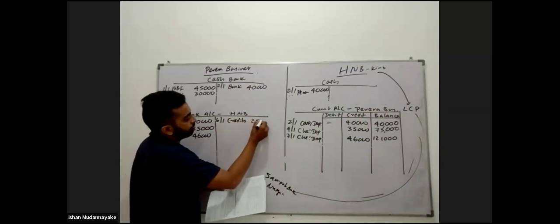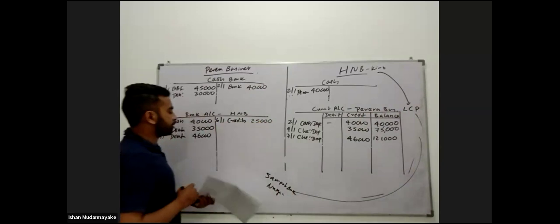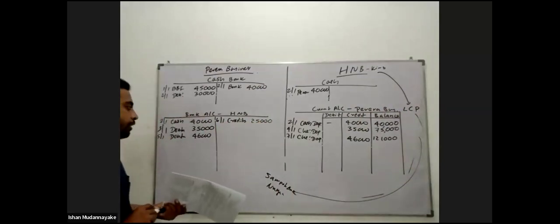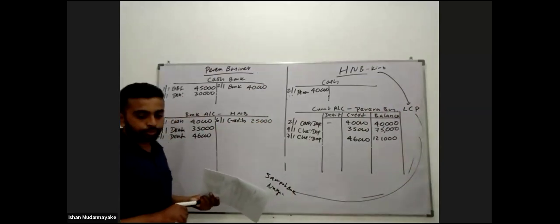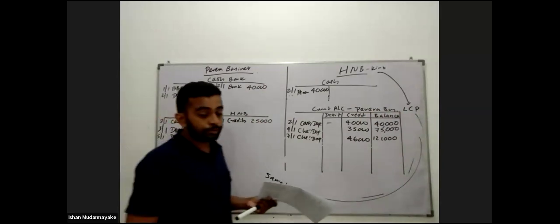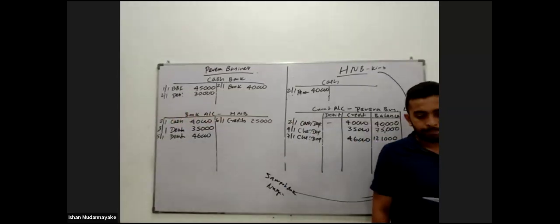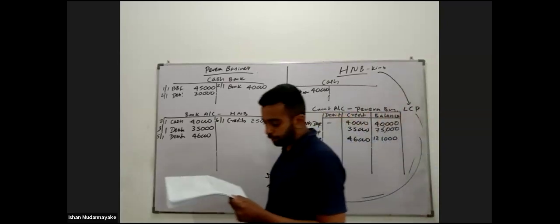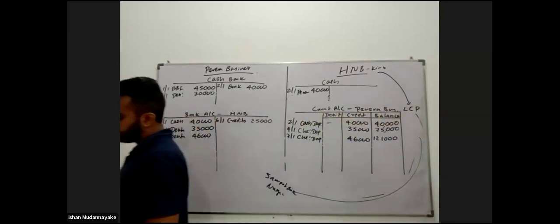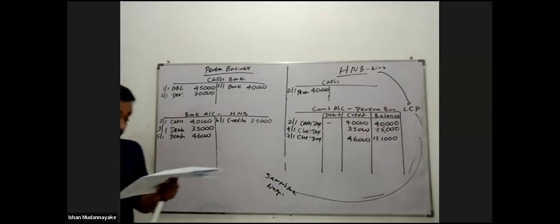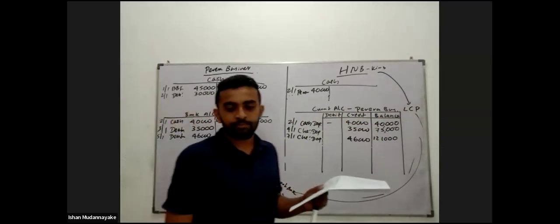Creditors account debit 25,000, bank account credit 25,000. And then the presented date to the bank is 9 January.